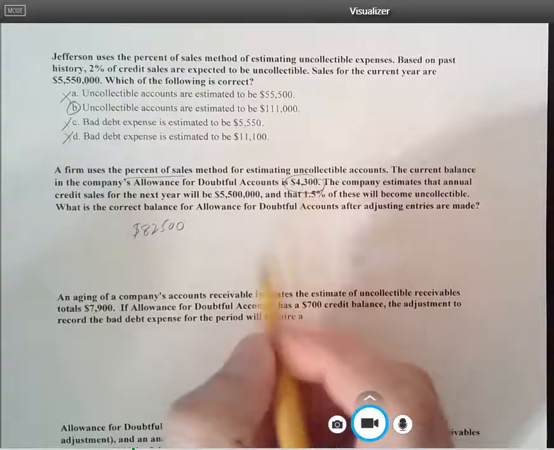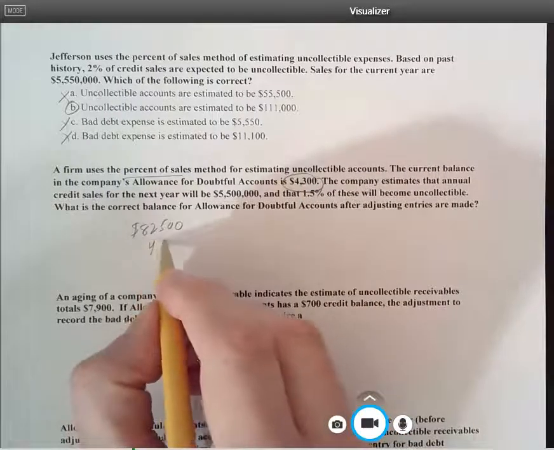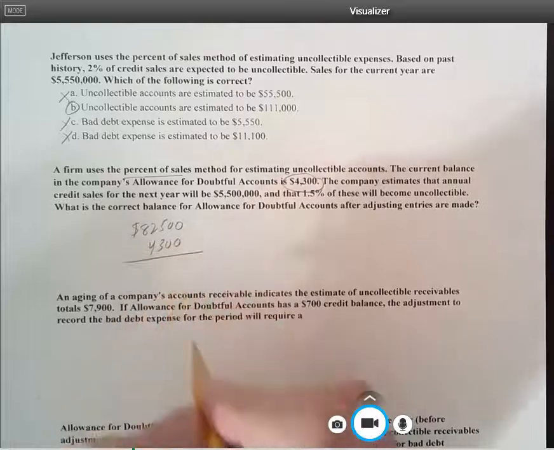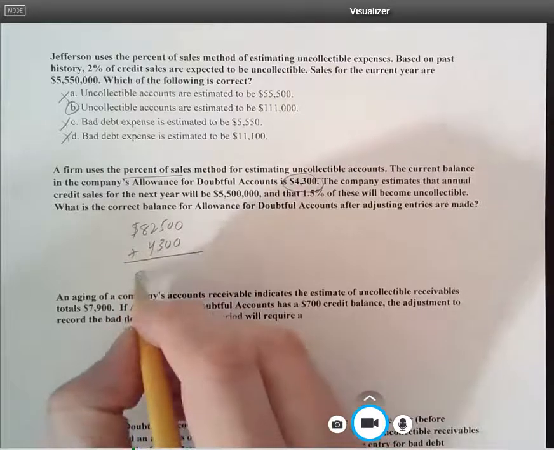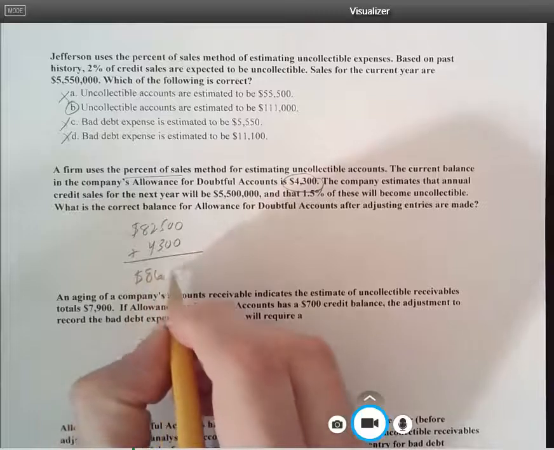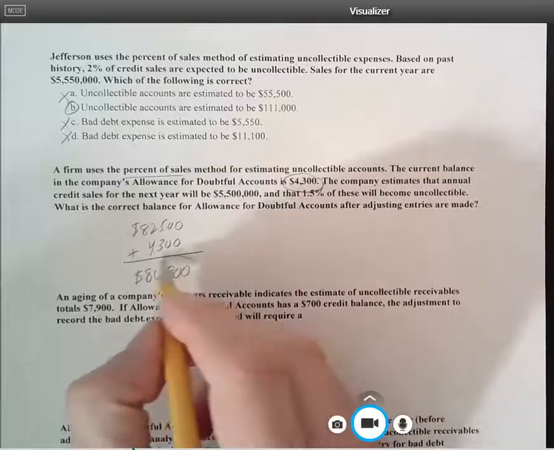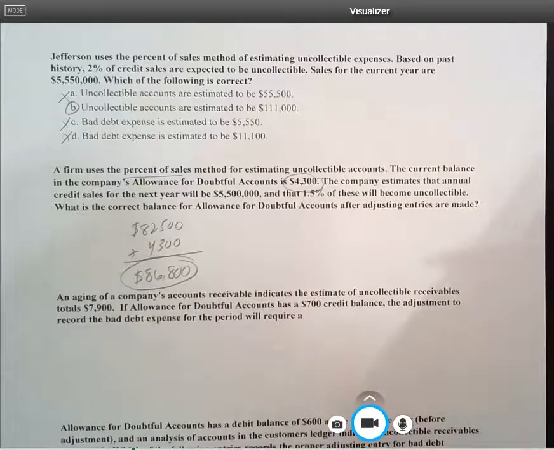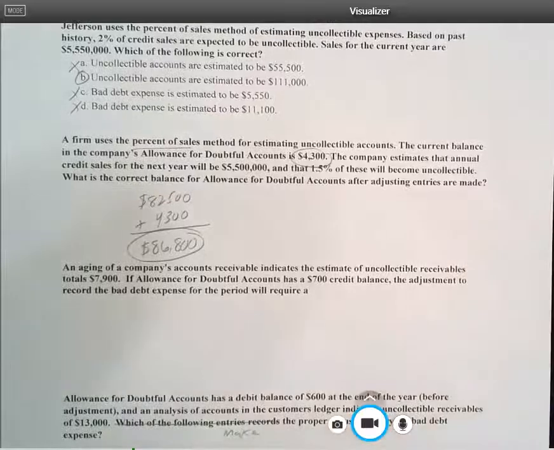In this case, it's 4,300. So because we're using the percent of sales method, we're going to add that 4,300 to the 82.5. And so when it asks us the question, what is the correct balance for allowance for doubtful accounts? There it is, $86,800. All right, let's continue.